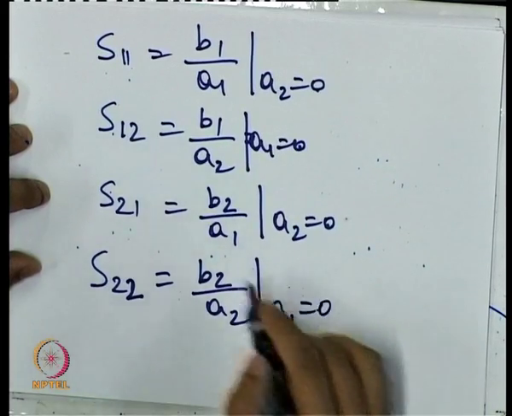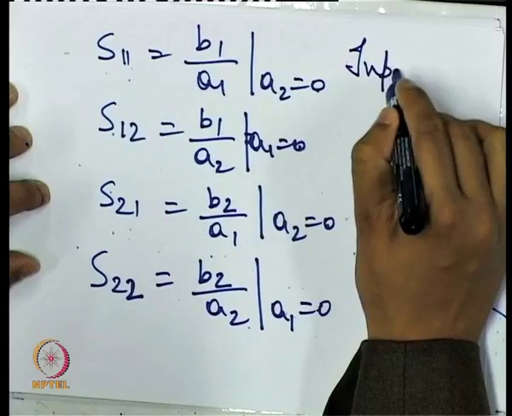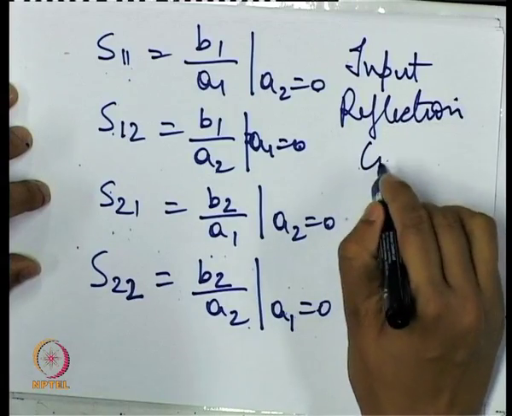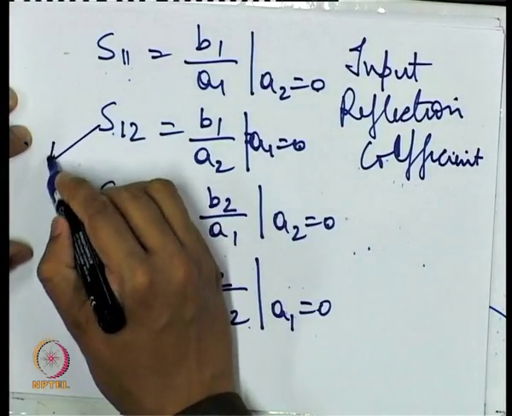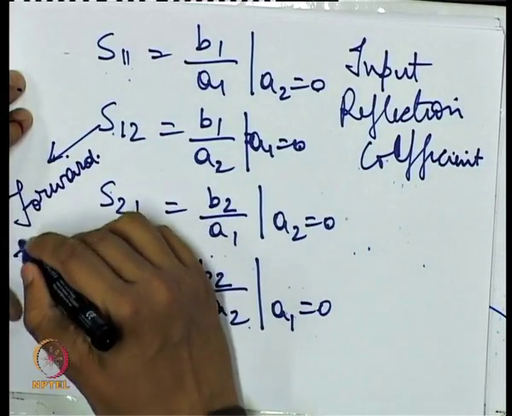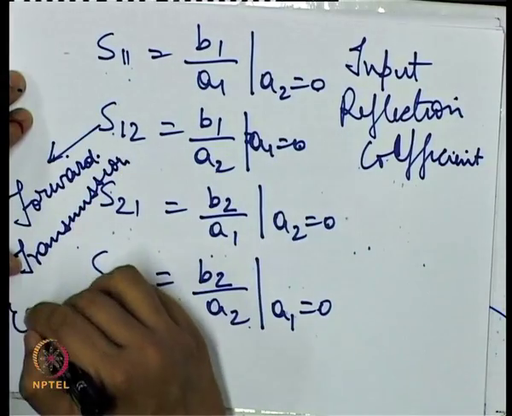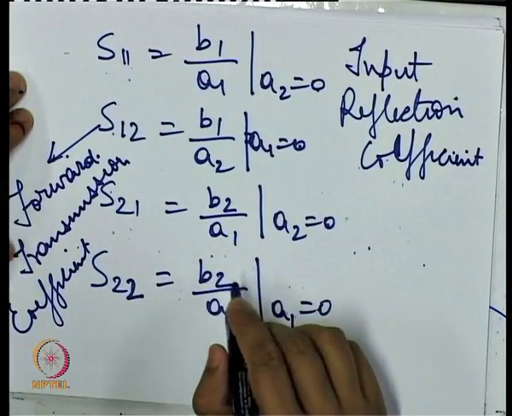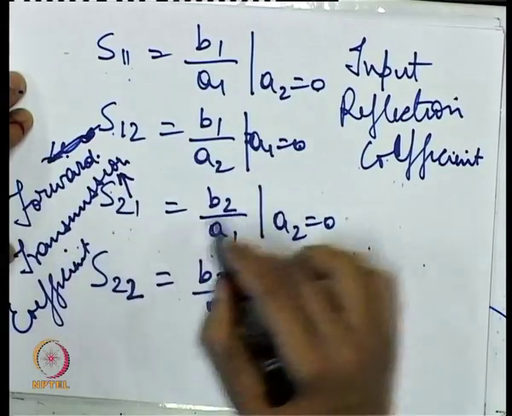This parameter, S11, is known as the input reflection coefficient. S21, I beg your pardon, is known as the forward transmission coefficient.